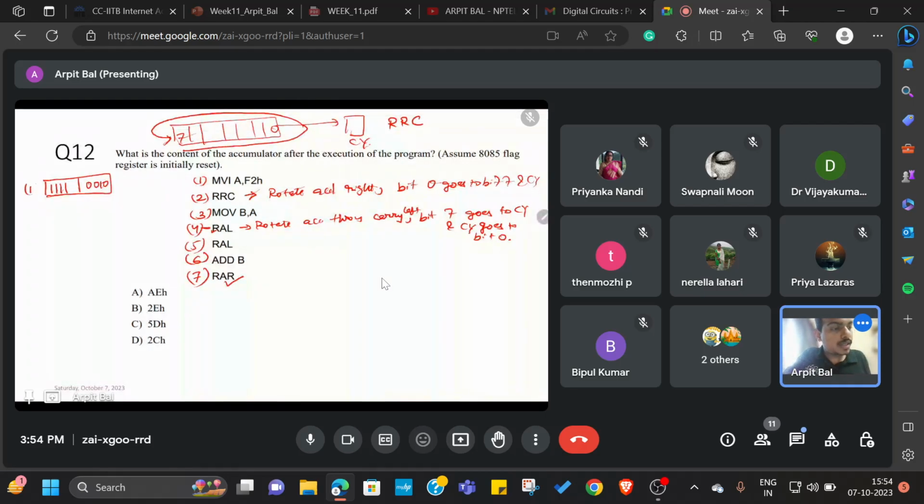This is the first step, the content of the accumulator. In the next step we need to do RRC. So it is going to rotate right. Let me write the carry flag here. Initially the carry flag was 0. So what should be the content?